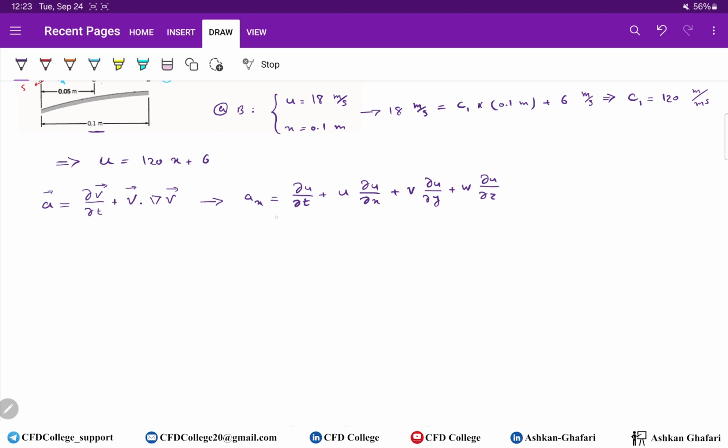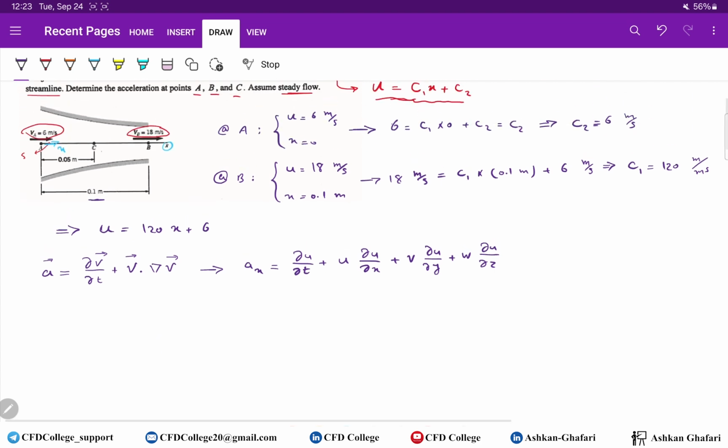So this is ax, and in this problem, we only have ax. Why? Because we are at the center line of this nozzle. As you can see, the streamline is straight from left to right, so there is no v and w.